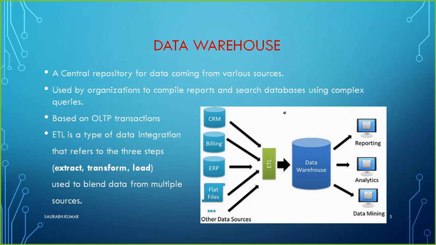Next point is data warehouse. If I talk about a very big company, they will not have sufficient resources, or maybe a proper output, by using just a single database server or a single type of database server. So they may use a data warehouse. This data warehouse is doing what?